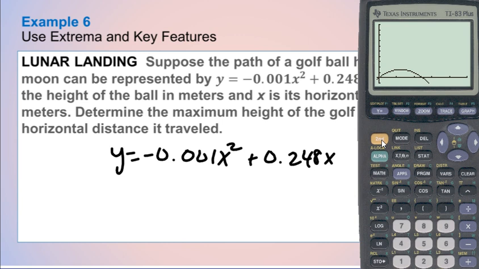So we want to find our maximum. So second trace, intersect number 5. I need to go to the left-hand side of the vertex. Actually, sorry, second trace maximum, so number 4. Left bound, left side. So I'm at enter, go to the right side.